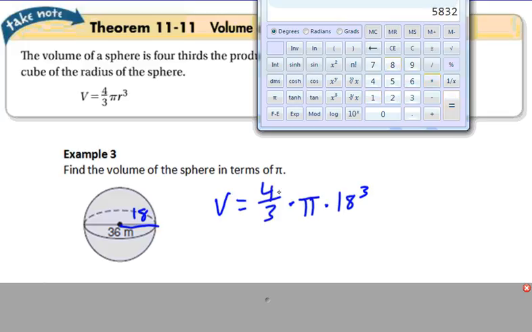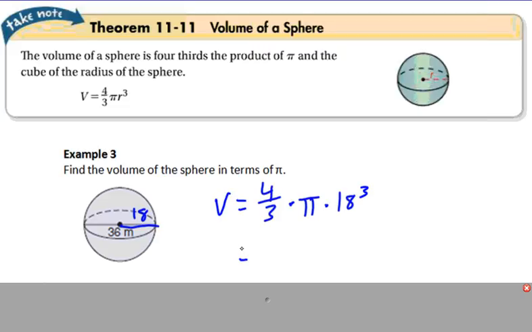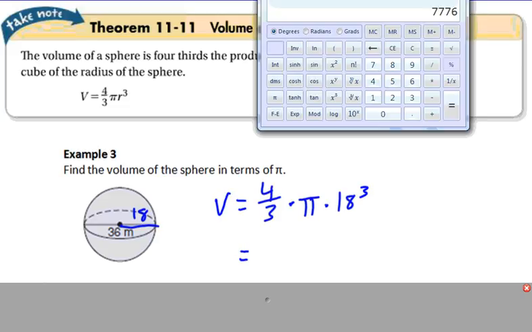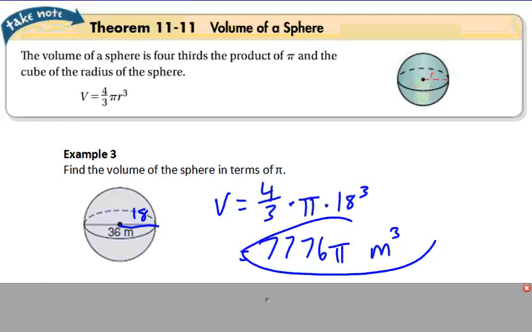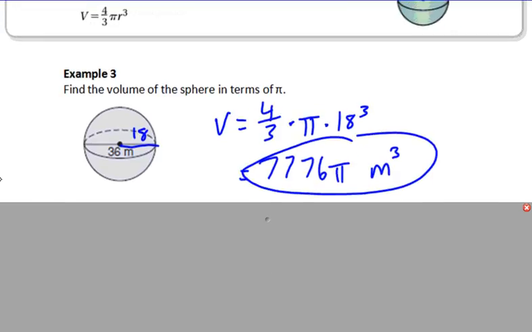Then I'm going to do a shortcut to do 4/3 times that. So I'm going to divide it by 3 first. And I think it's divisible by 3. Yep, and then multiply it by 4. So that would be 7,776 pi meters cubed. Volume of a sphere, 4/3 pi r cubed.